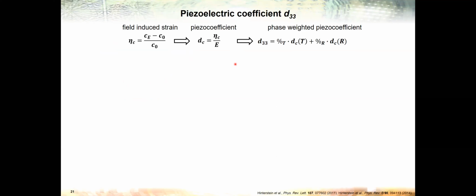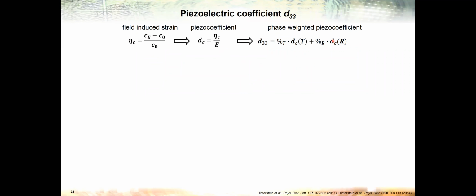So some time ago, we made a very simple assumption with this 45-degree experiment. We said our field-induced strain is basically just a change in the z-axis. And then when we normalize it with the electric field, we get something like a piezo coefficient.